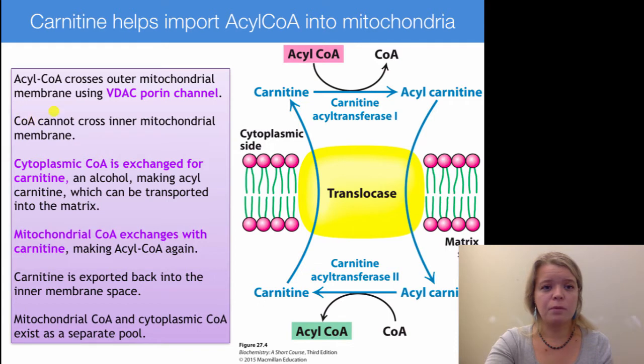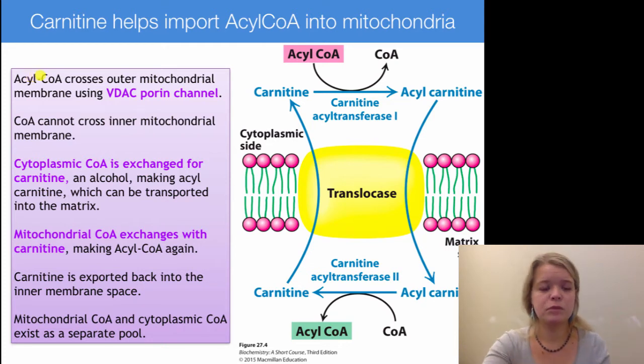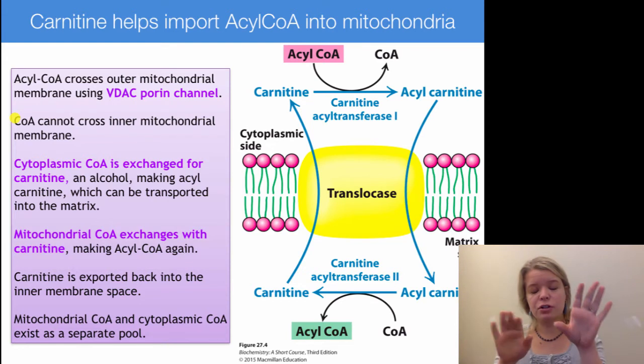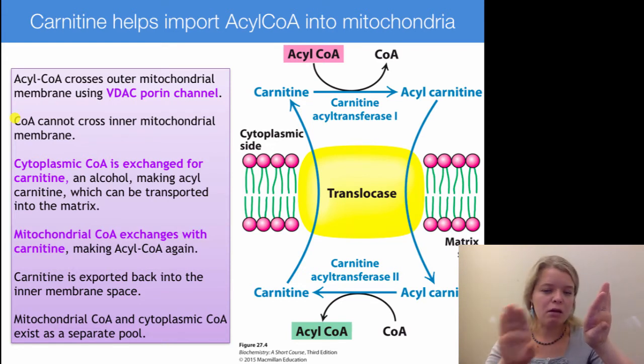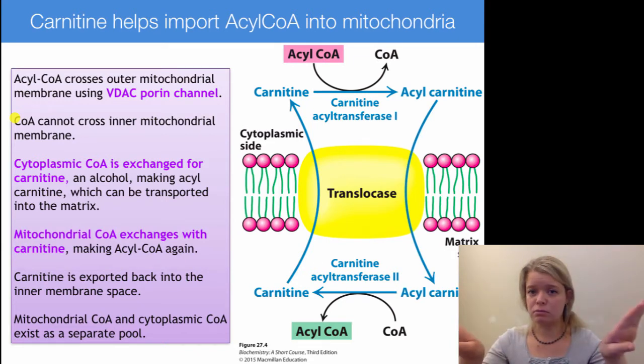And while coenzyme A and acyl are small enough to fit through the VDAC pores, because they're big, the cell actually keeps a separate pool of cytoplasmic coenzyme A and mitochondrial coenzyme A, and those two never meet.